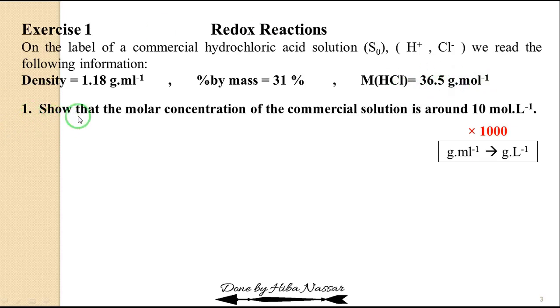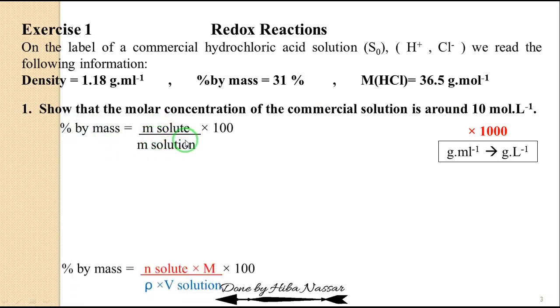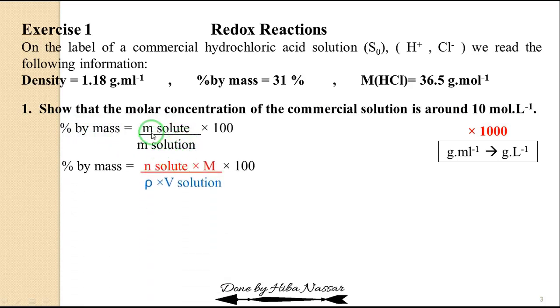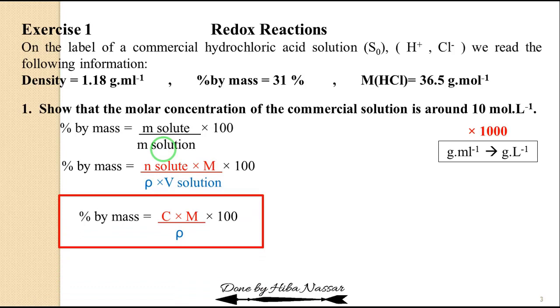Question number 1. Show that the molar concentration of the commercial solution is around 10 mole per liter. So you will use the relation: percentage by mass equals mass of solute divided by mass of solution times 100. Here, instead of mass of solute we write number of mole times molar mass, and instead of the mass of solution we write density times V. So you will get that the percentage by mass is equal to the molar concentration times molar mass over density times 100.